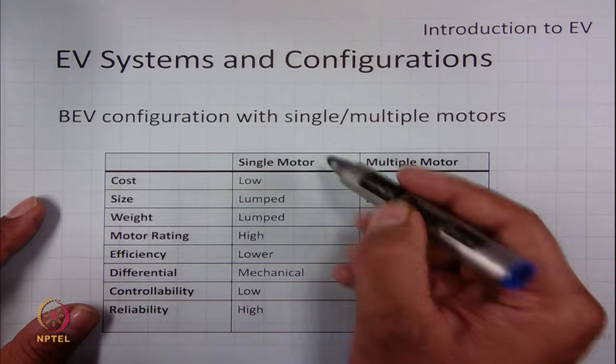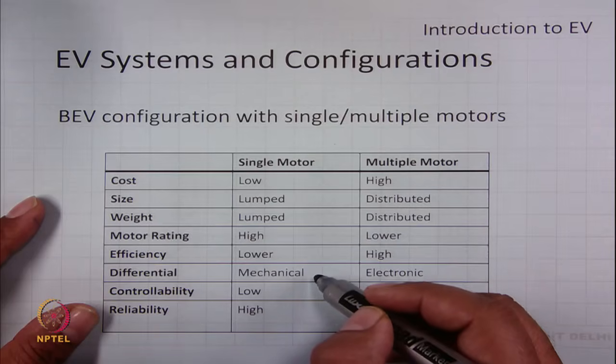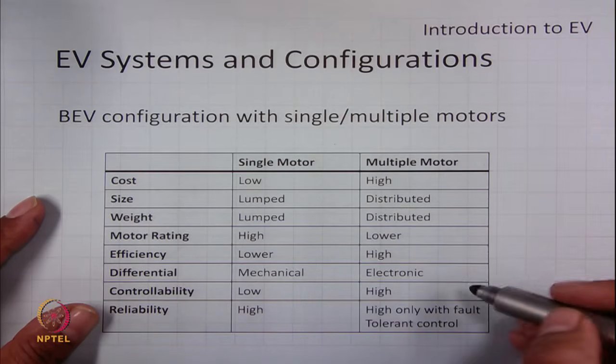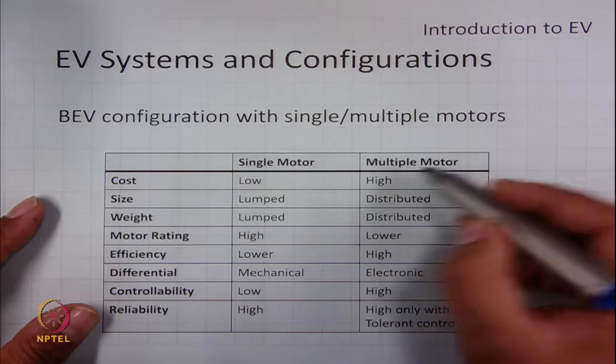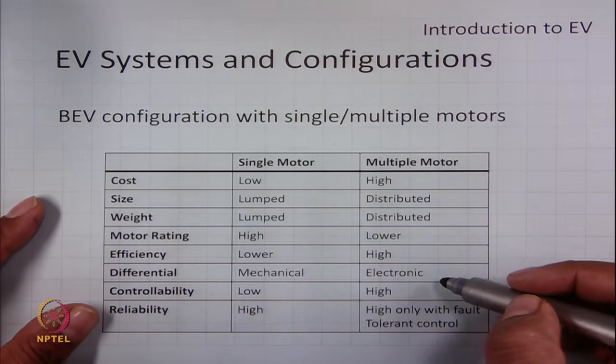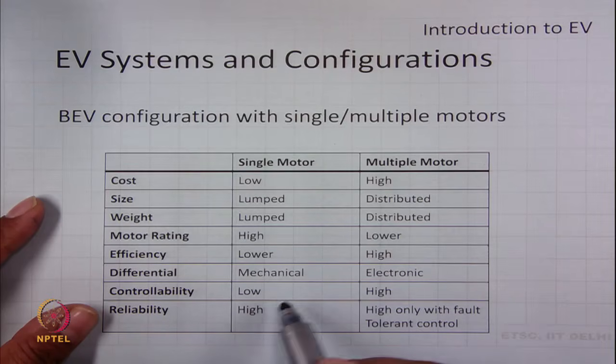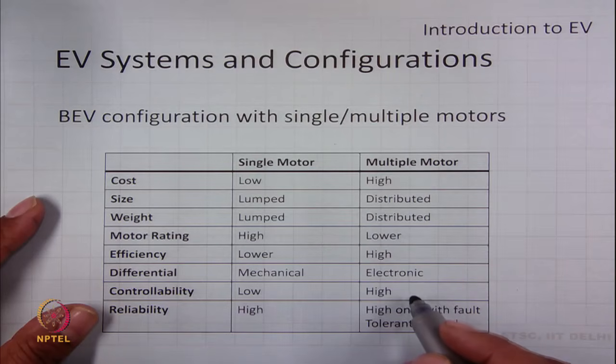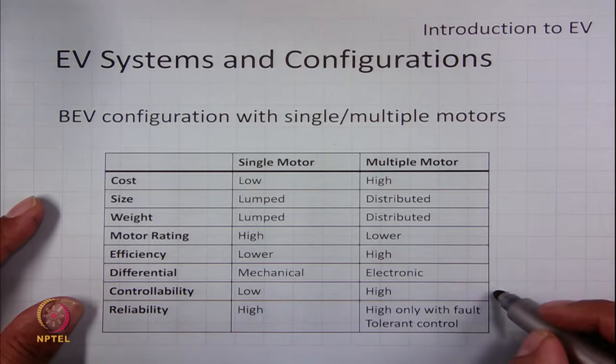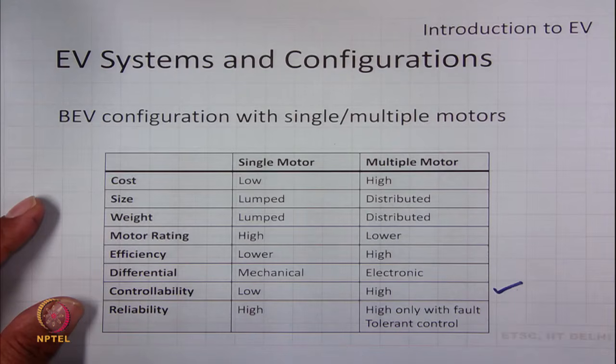So, the differential is a requirement in a single motor, but it is absent in a multiple motor and is obtained electronically by coordinated control of two motors. The controllability is generally low in single motor and it is very high in multiple motors. So, this feature is very important because this has taken the performance of an EV to a much higher level, even compared to an IC engine based vehicle.